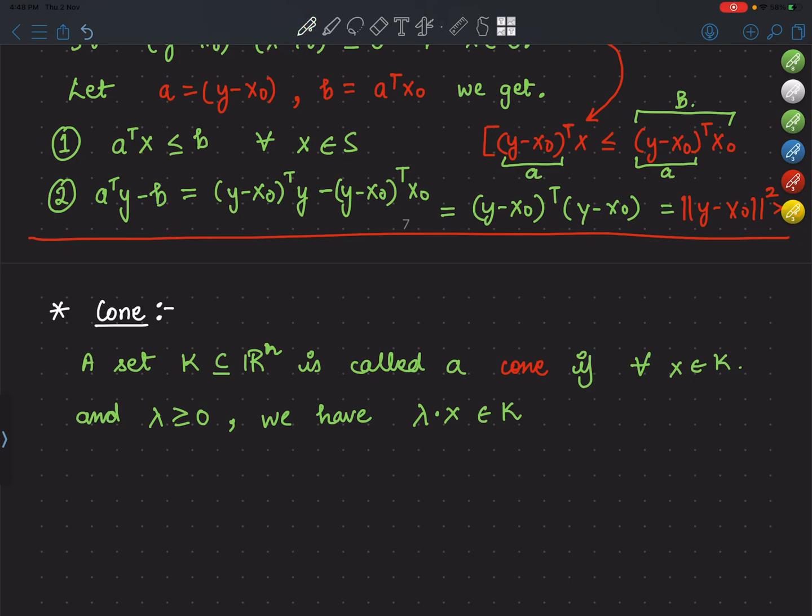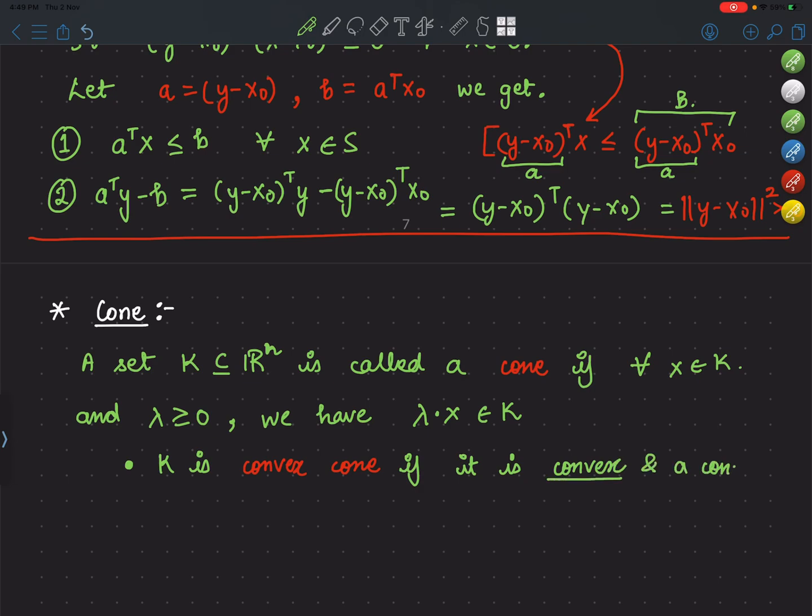Before giving you some geometrical examples, let me write one more thing. K is a convex cone if it is convex and a cone.